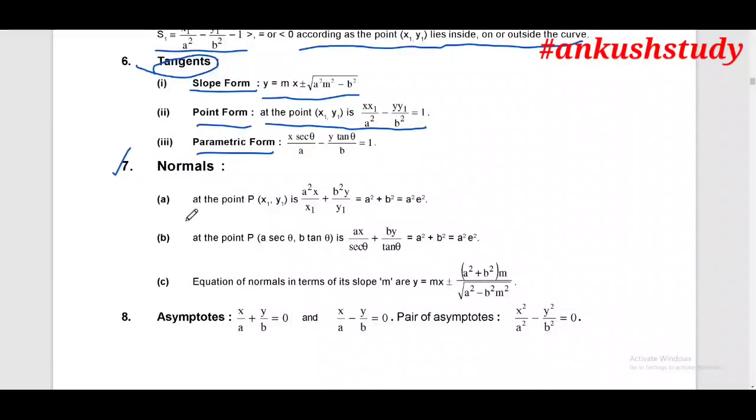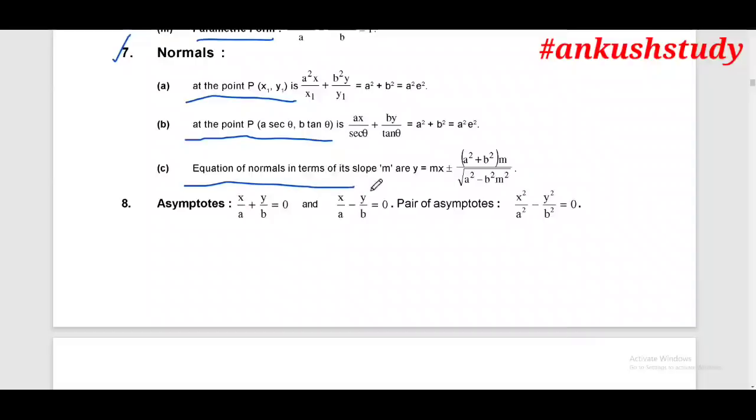There are three conditions. At the point P x1 comma y1 it is a square x upon x1 plus b square y upon y1 is equal to a square plus b square, which is equal to a square e square. And at the point P, a sec theta comma b tan theta, it is ax upon sec theta plus by upon tan theta is equal to a square plus b square, which is equal to a square e square.